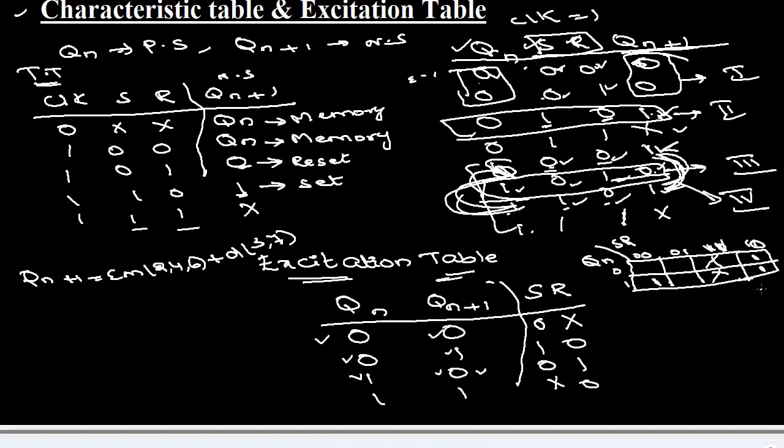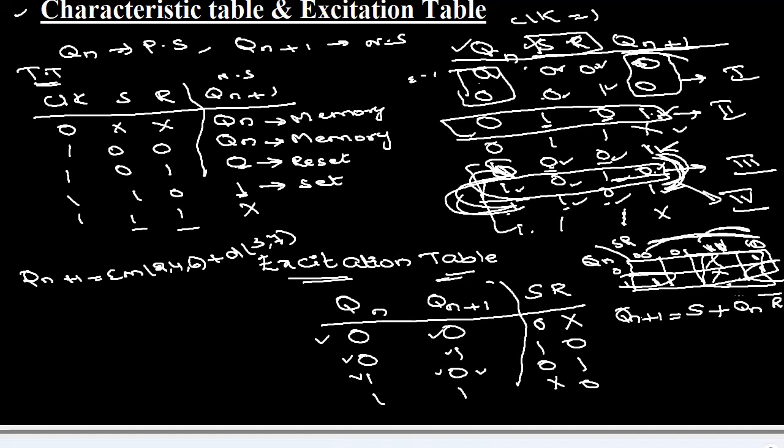Now Qn plus 1 equals... I am taking the groups. This is one quad and the next one is a pair. From the quad, the minimized value is S. For the pair, the common element is Qn, and 0 is the common element in both columns, and 0 indicates R bar.